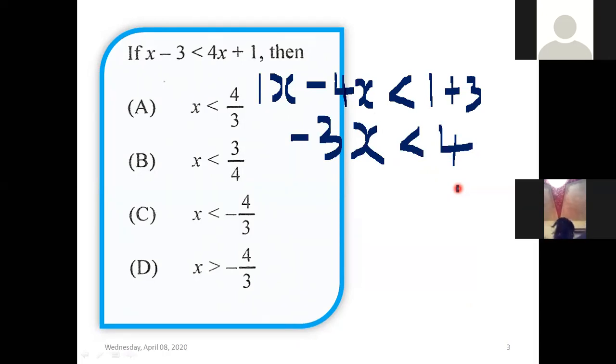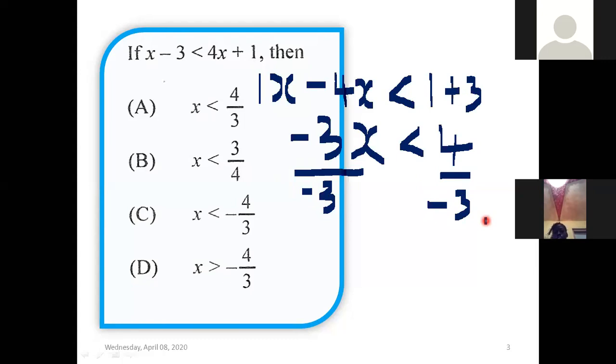So come on, tell me what should I do next now? Okay, take over the negative 3. I cancel the negative 3 by dividing both sides by what? Negative 3. All right. Toshan, can you tell me what would I do next? No response.